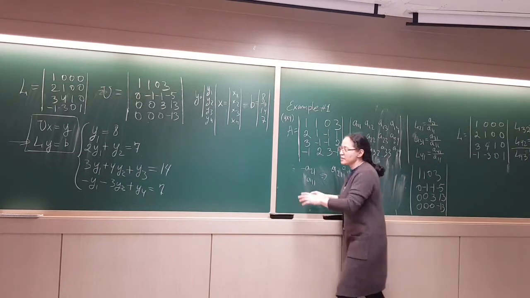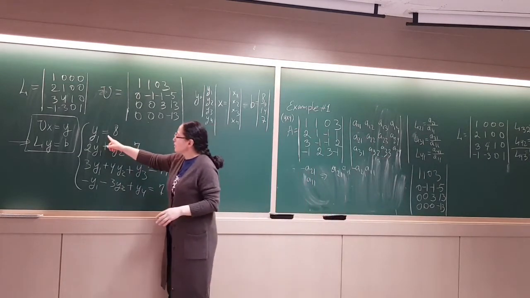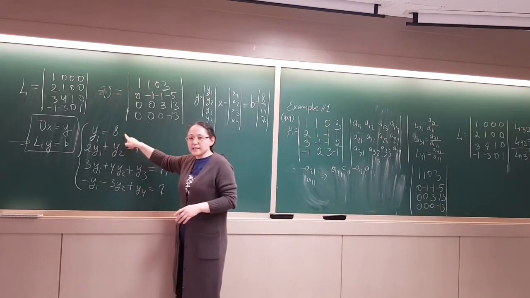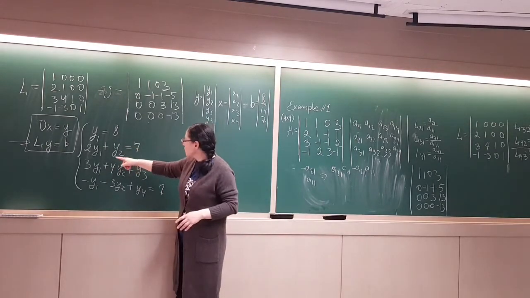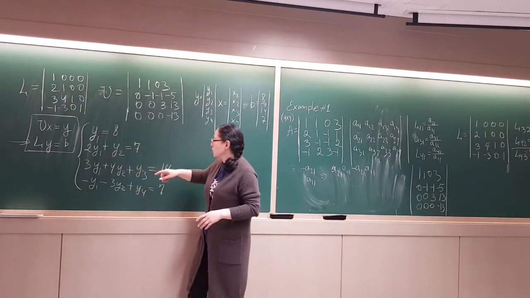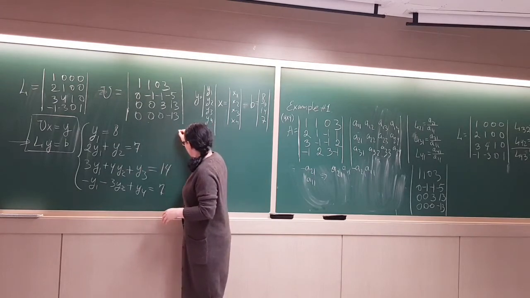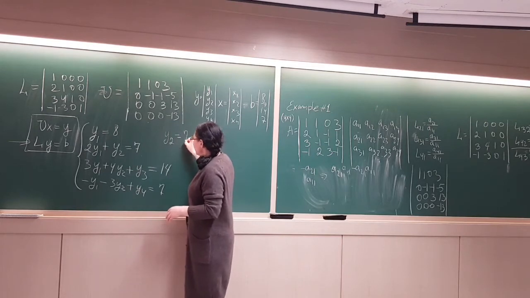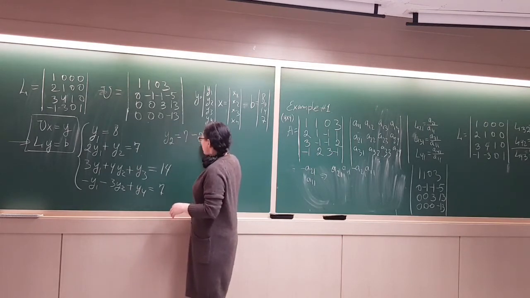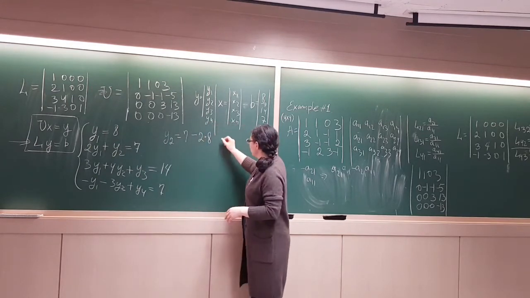Let's finish this one. Here, y1 is 8, right? And what is y2? y2 is 7 minus 2 multiplied by 8, right? What is it?